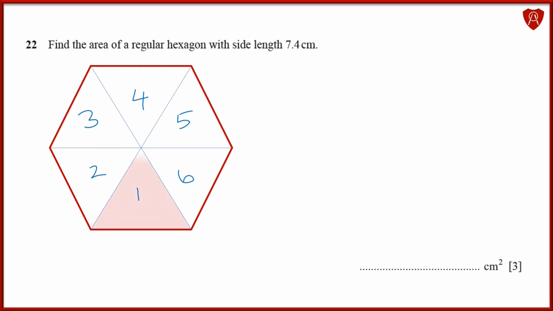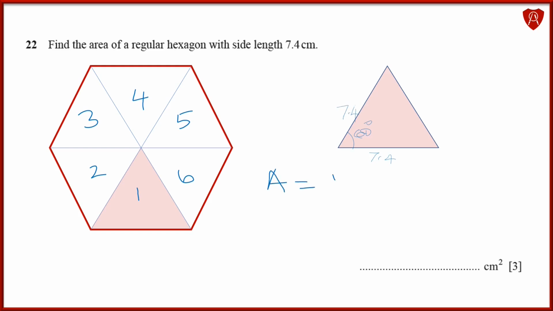And if we just deal with one of them and find its area, we shall be able to multiply that area by 6 to get the total area of the hexagon. So let's take one of the triangles aside. We know that angle is 60 degrees, and we know the side is 7.4 and 7.4.